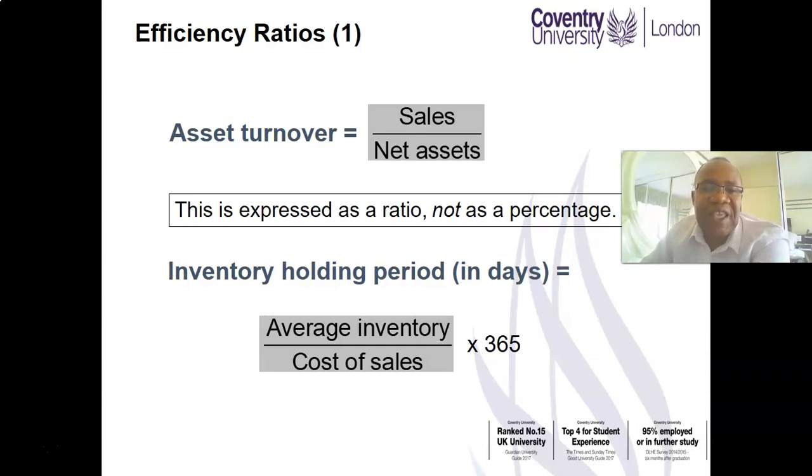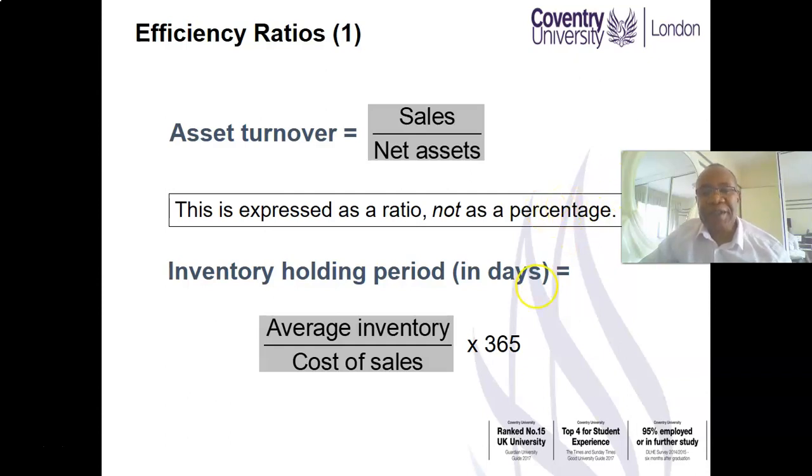So the inventory holding period in days is average inventory divided by cost of sales. Well, there are variations of this. You could use the inventory at the end of the year rather than average inventory. And you could also use purchases instead of cost of sales. But of course, if you haven't got the figures for purchases, cost of sales will suffice.